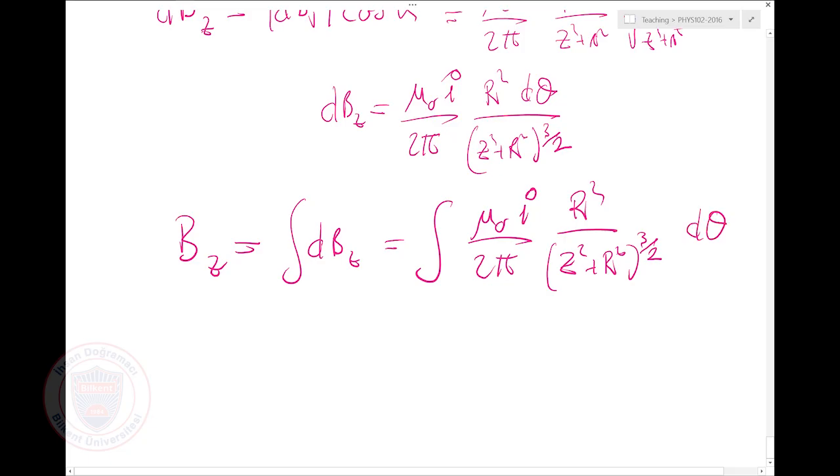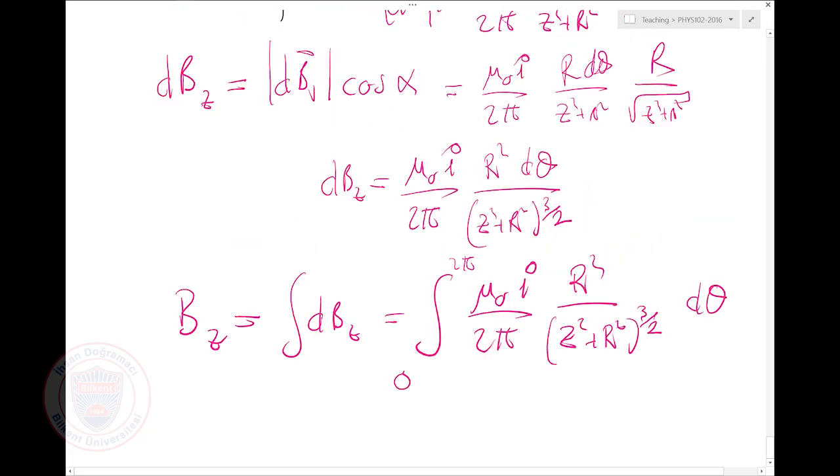And my integration will start from 0, go all the way through the ring, to 2 pi, okay? And how am I going to evaluate this terrible integral? It's not a terrible integral. Nothing actually depends on theta. All of these are constants. And you would be amazed how many students just give up at this point. If you ask such a thing in an exam, they're like, horrible integral, how am I going to evaluate this? And just give up.